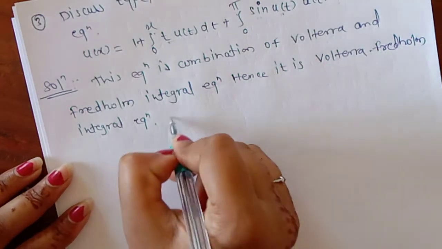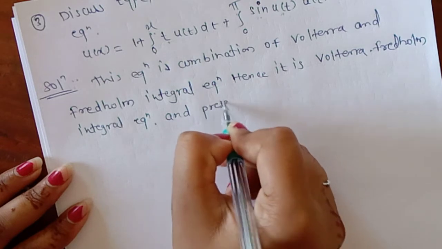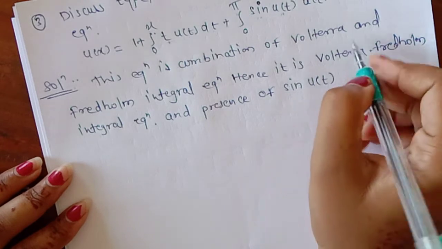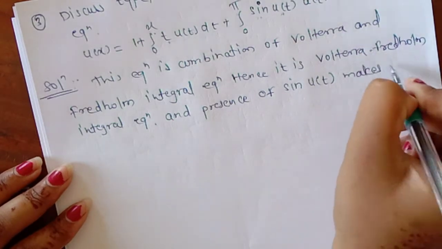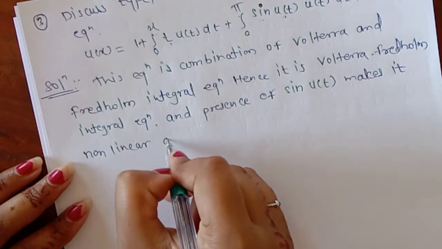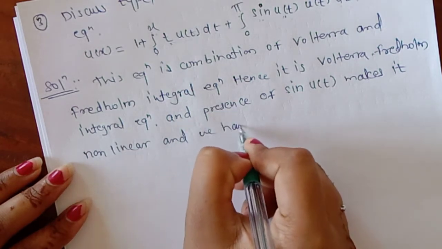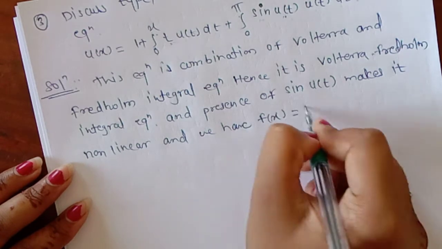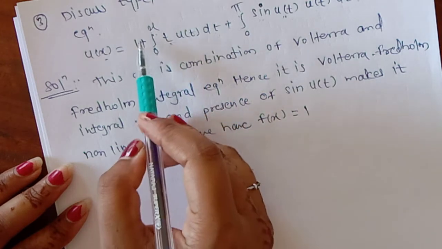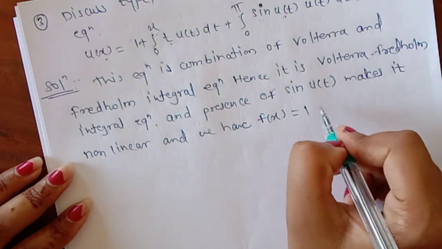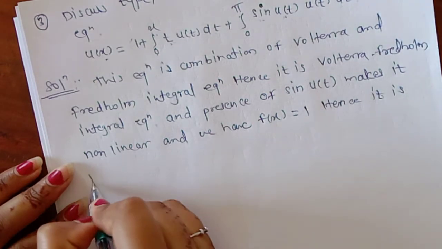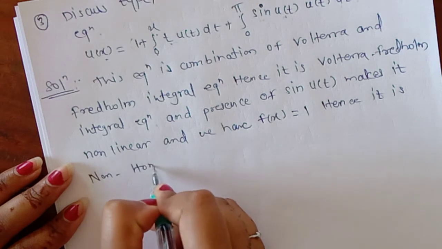The presence of sin of u t makes it non-linear, and we have f of x with value 1. Compare this equation with the Fredholm-Volterra integral equation. Here we get f of x with value 1. Hence it is a non-homogeneous equation.